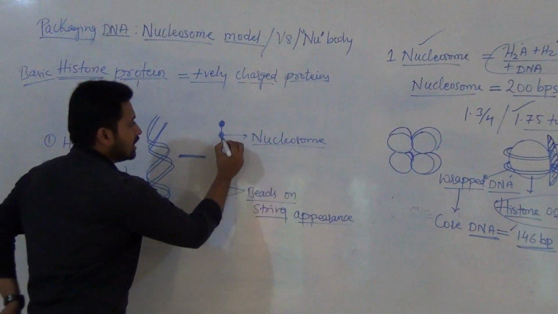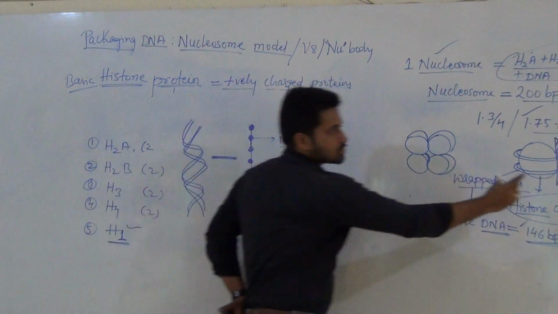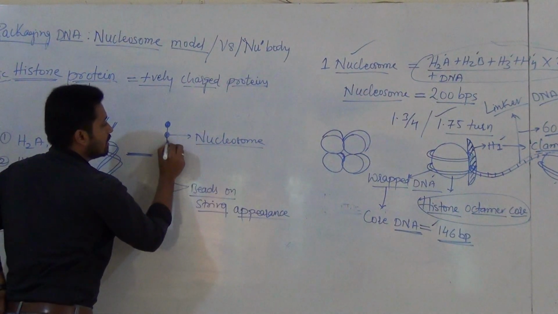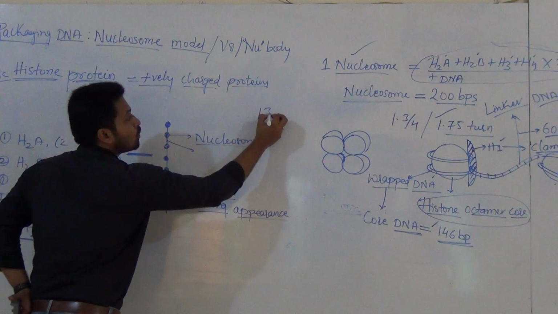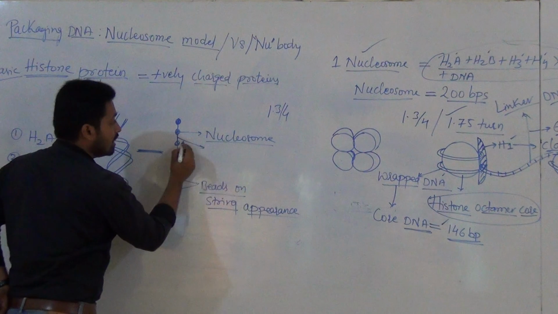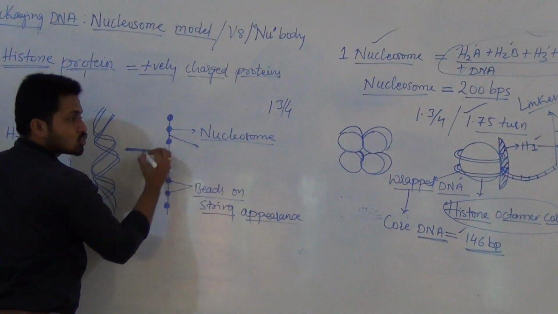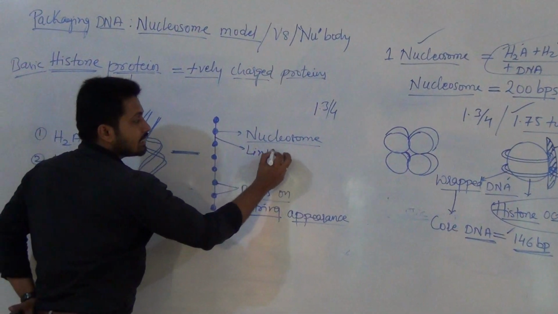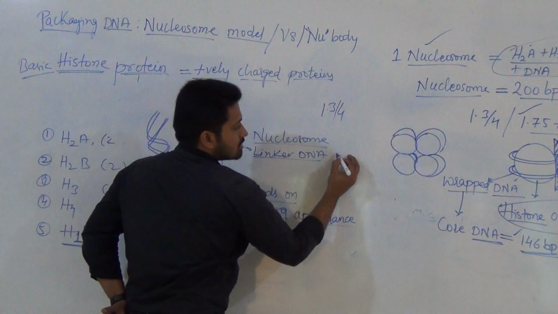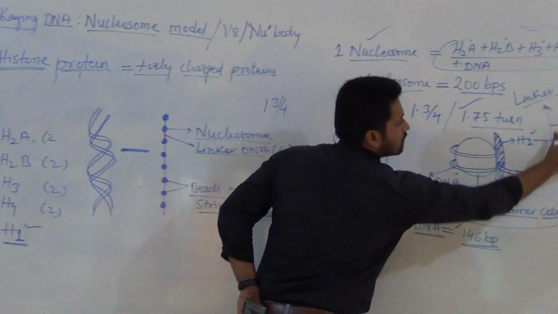And like that, what is this part? Linker part. After completing 1.75 turns, it is going to join to the next histone octamer. So which DNA is it? Linker DNA. And you know its base pairs? 60. This is the structure.